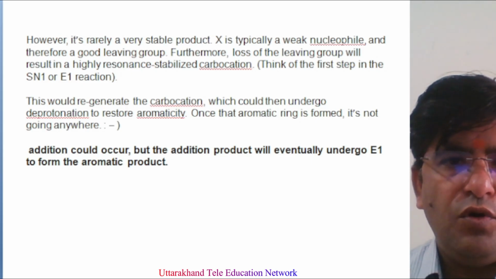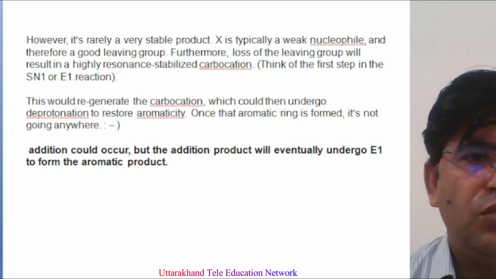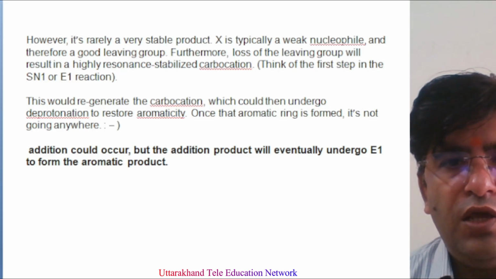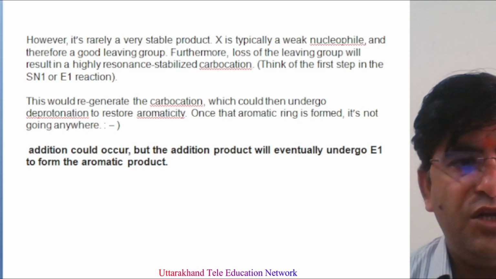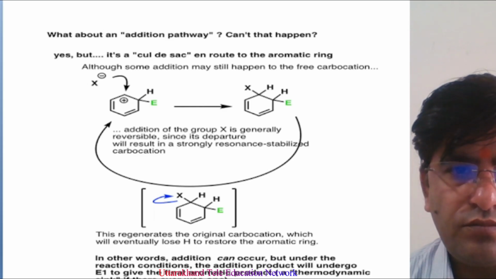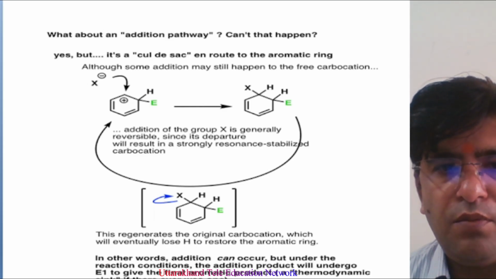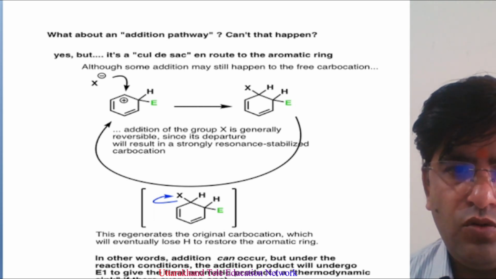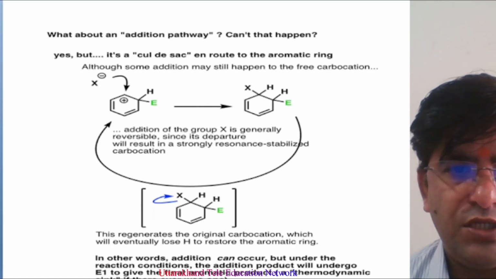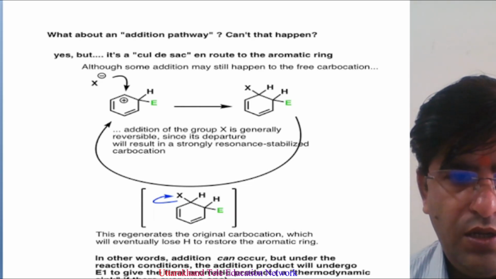Once the aromatic ring is formed, it is not going anywhere. What about the addition pathway? Although some addition may still happen to the free carbocation, the addition of the group X is generally reversible, since its departure will result in a strongly resonance stabilized carbocation.